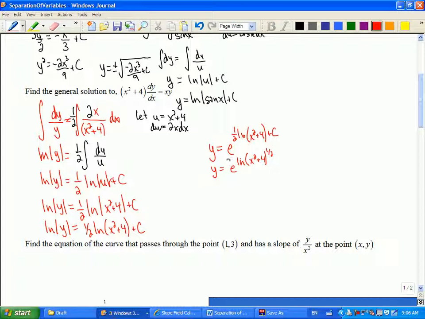That constant is the same as multiplying by a constant. And the reason I wanted to do that is this is an identity. Does anybody remember what happens when you take an exponential and raise it to the natural log? They cancel out because you're doing a function to its inverse. So this will become y equals some constant times (x squared plus 4) to the 1/2. So it's some constant times the square root of x squared plus 4.